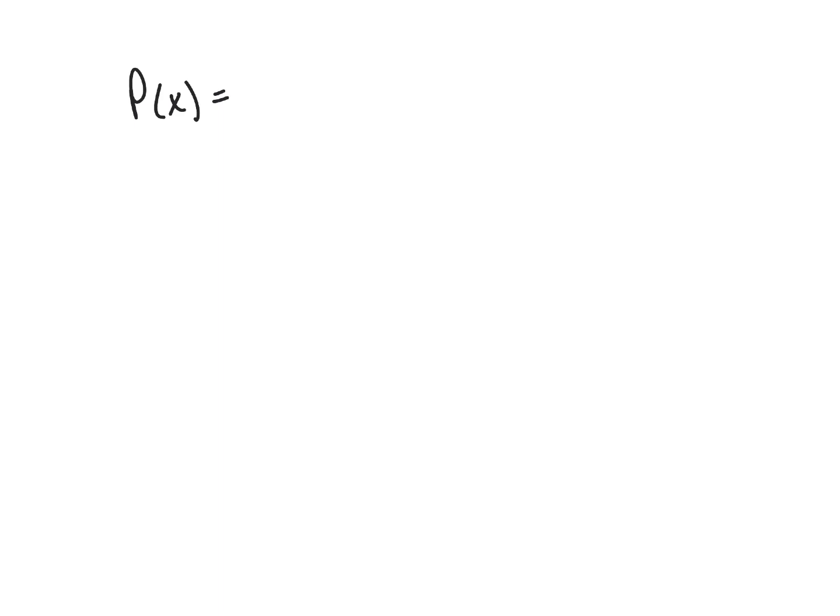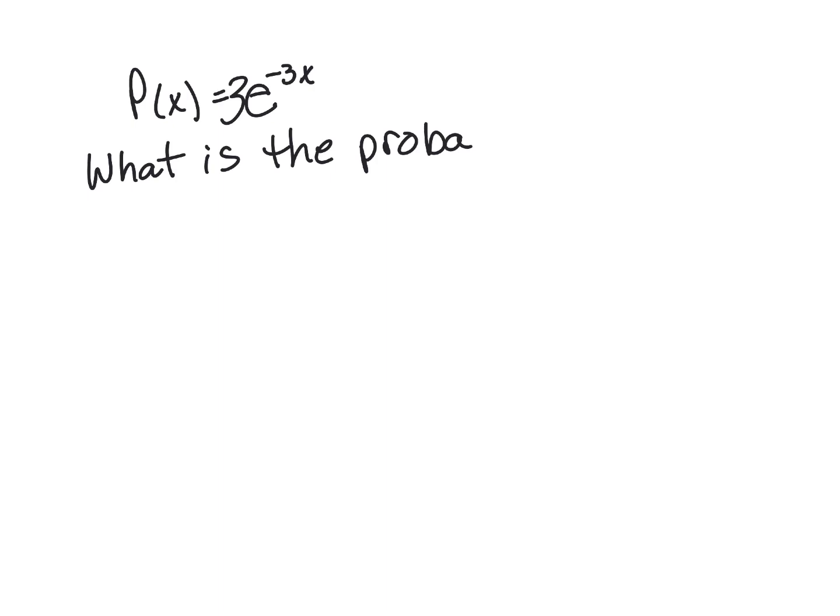K equaled 3. If you know that 3e^(-3x) is a PDF, then you can find the probability using that function.